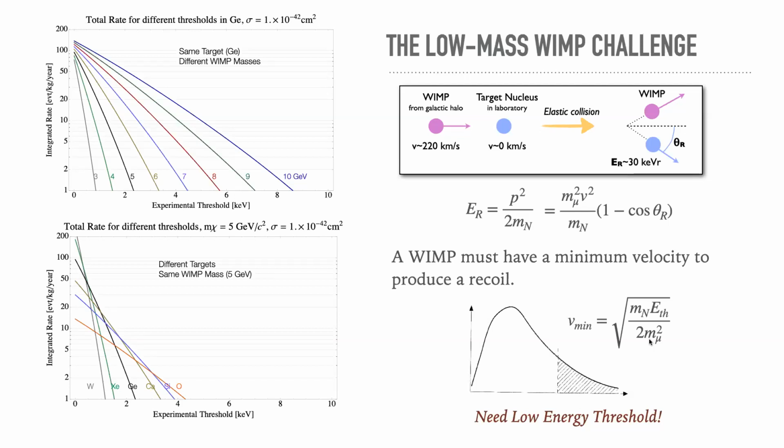Here is our event rate per kilogram year versus our threshold. This is not good, right? This is hard. This is for germanium, illustrating it one more time in another way: my event rate per kilogram year versus the threshold for a WIMP of mass 3, 4, 5, 6, 7, 8, 9, 10 GeV.